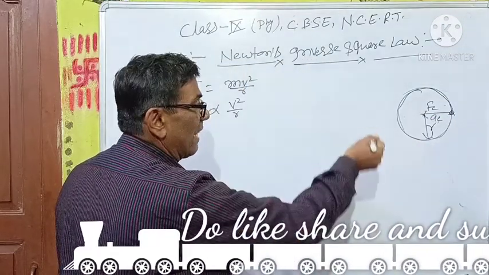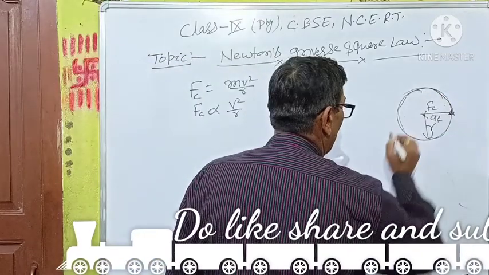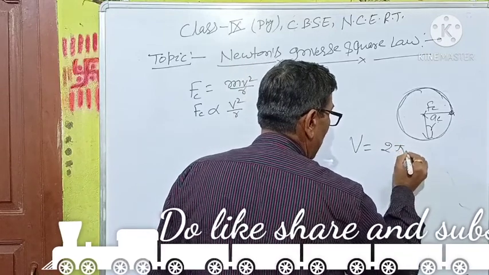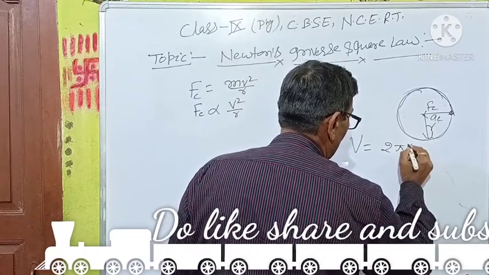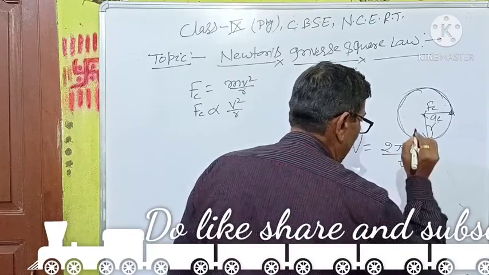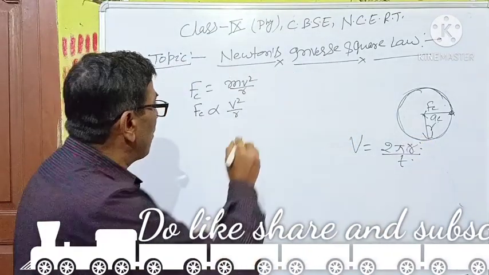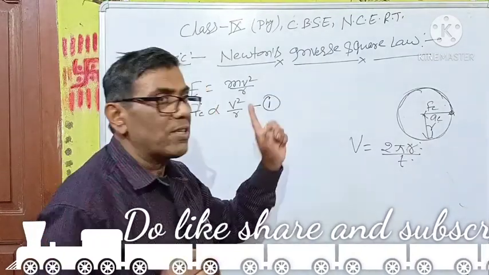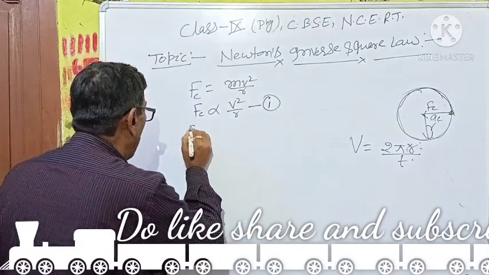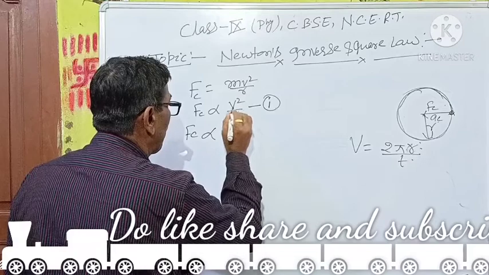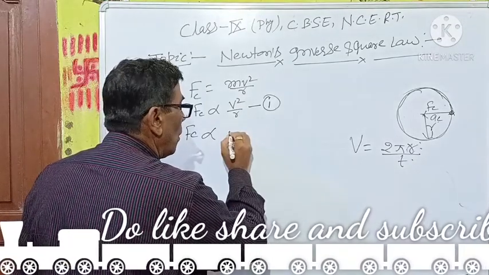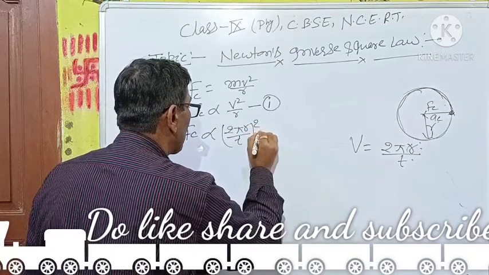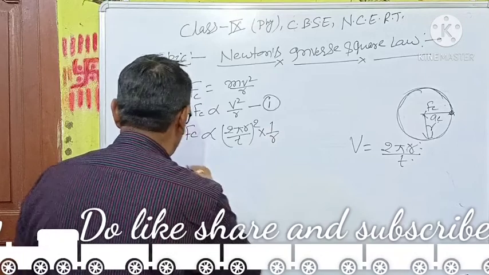When it travels in a fixed circular orbit, the orbital velocity is equal to the circumference of the circle over the time period, 2 pi r by T. So putting the value of v in equation first, Fc is directly proportional to (2 pi r by T) whole squared into 1 by r.